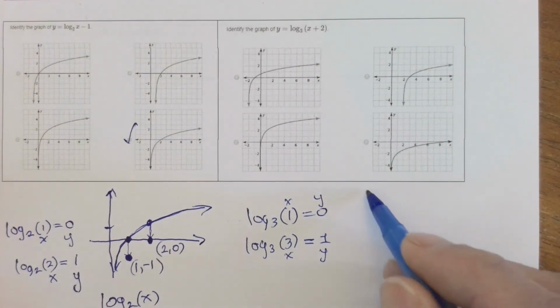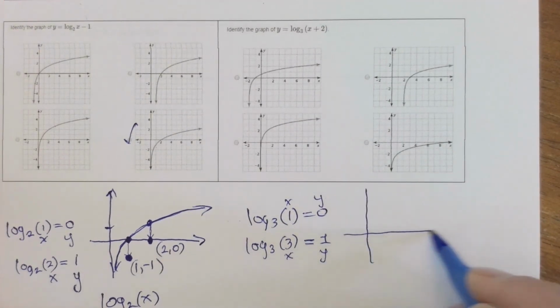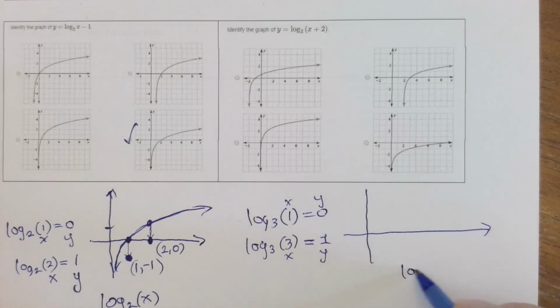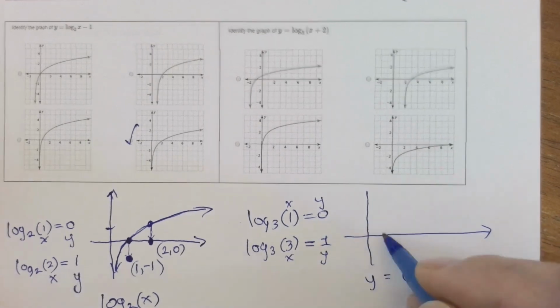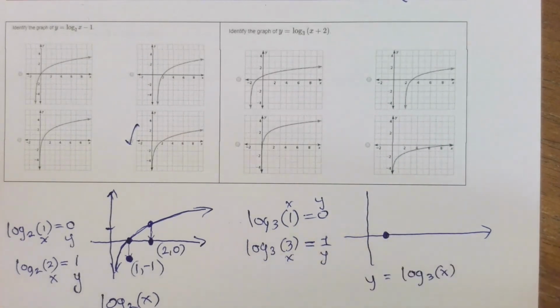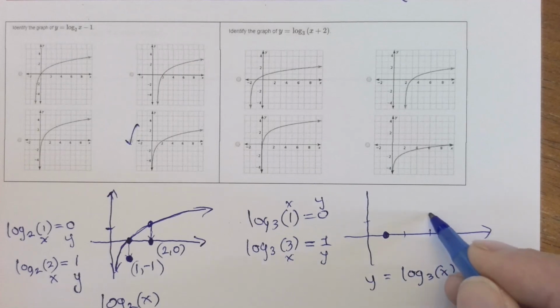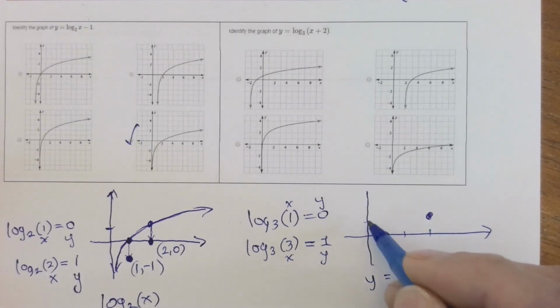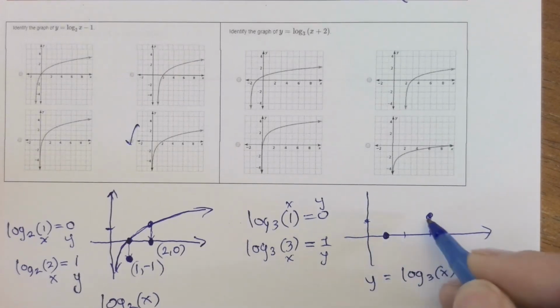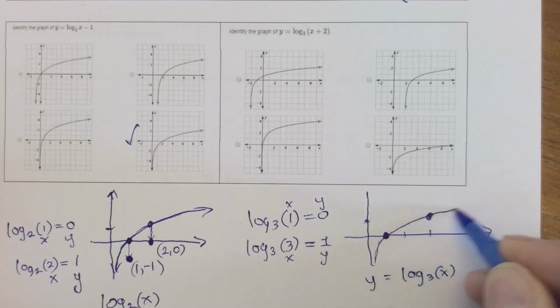So a base 3 log graph would look like this. It would have the point 1, 0, and it would have the point 3, 1. Okay, so 1, 0, and 3, 1.